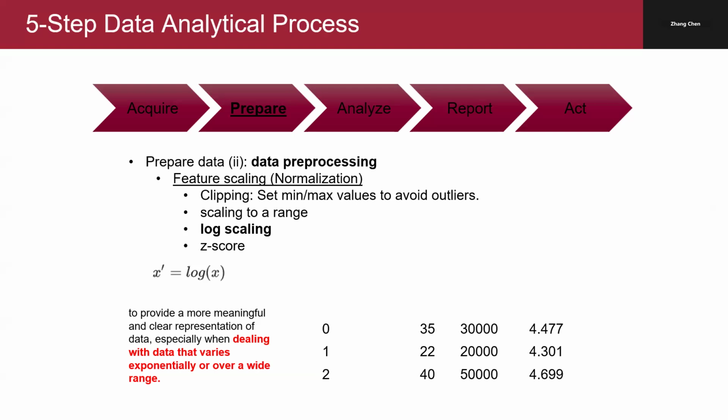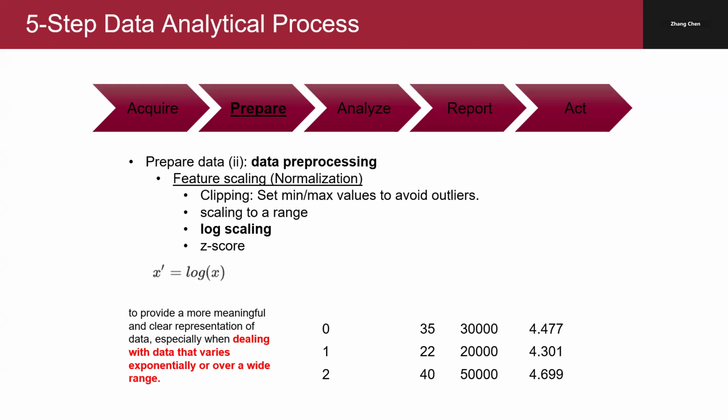This often makes patterns easier to see, and of course, the models may be easier to train if we do this. This is a very common practice for data preparation for machine learning. In the example here, the salaries are transformed using the log function.